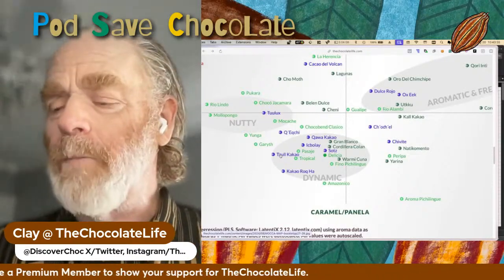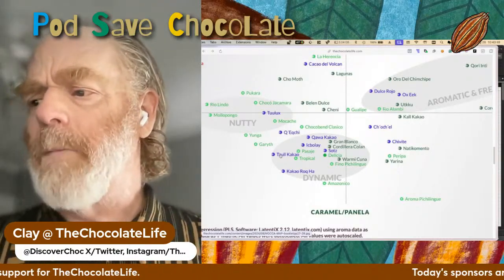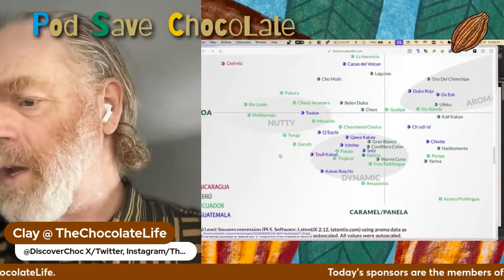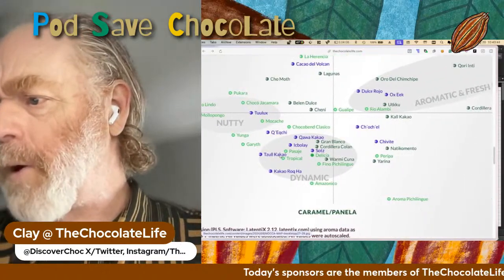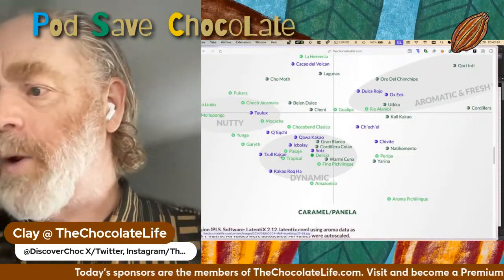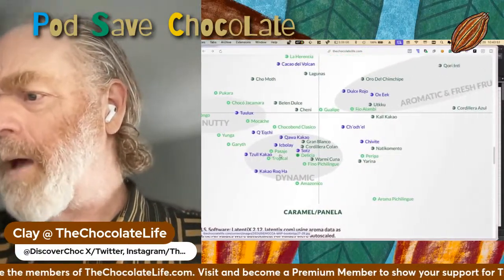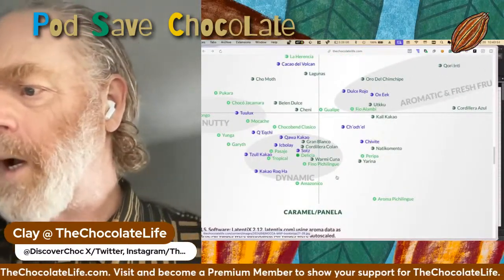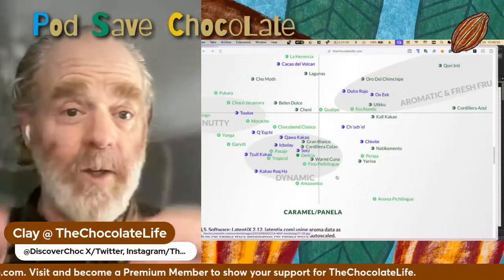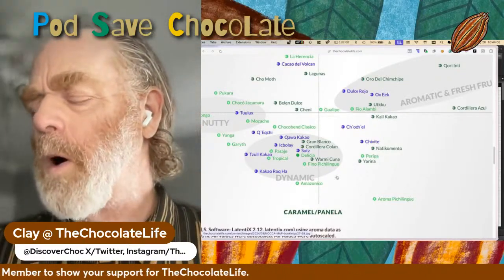Which would be interesting. I'm looking to be able to do a blended chocolate. I've got a bunch of options from within Peru: Gran Blanco, Cordillera Colán, Huamicuña would be another. Or if I've got Guatemala, it might be Kawa Cacao, Ipole, or Sots. These are names which are on the chart here for people who are listening.